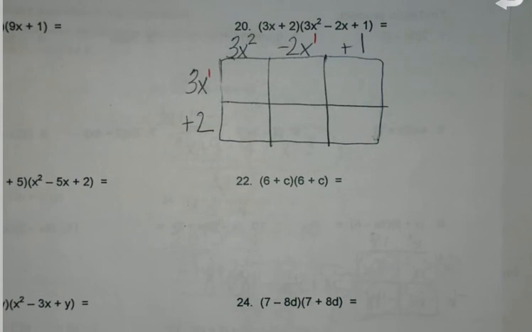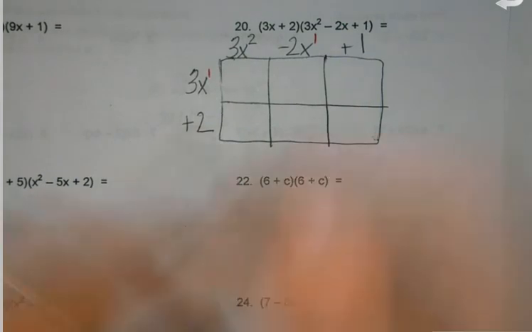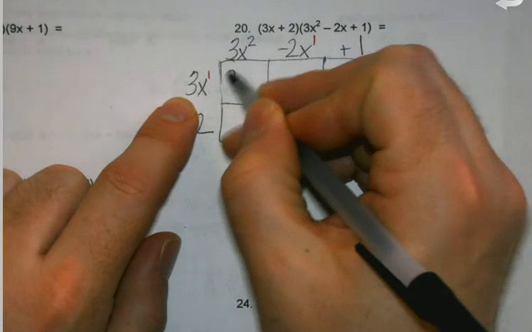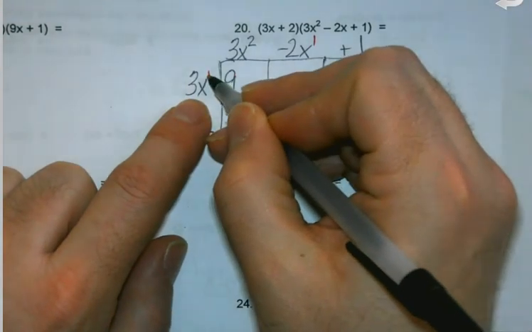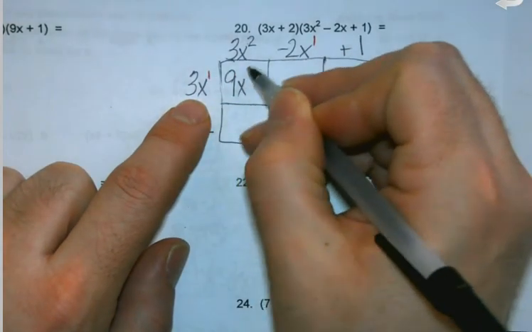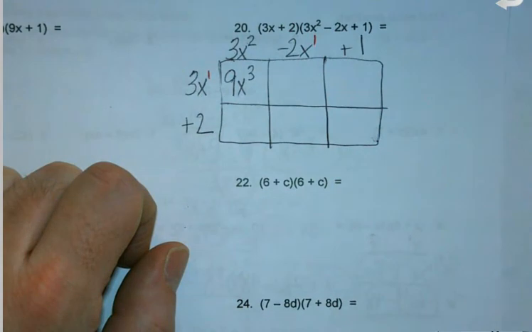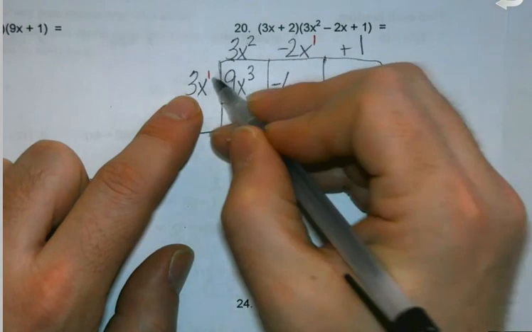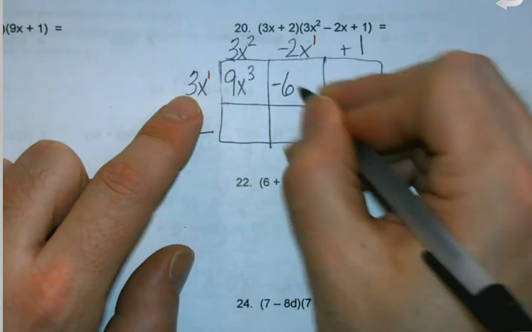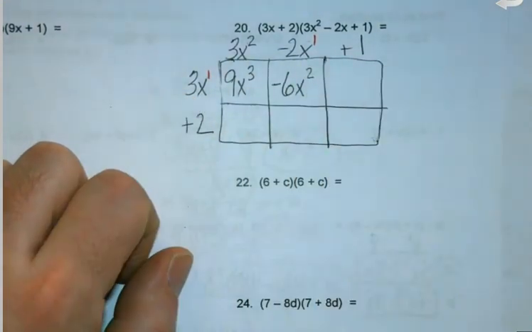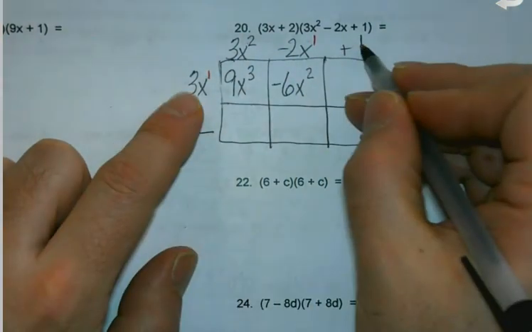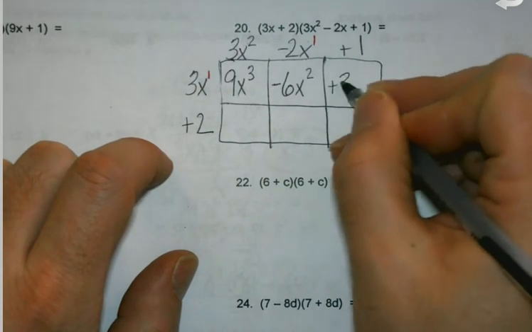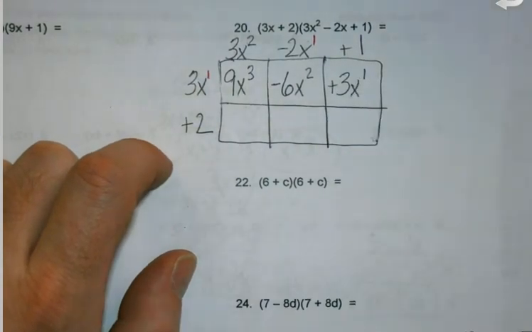And I start filling in my box just by multiplying the terms together on the outer edge. 3 times 3 is 9. 1 plus 2 is 3. 3 times negative 2 is negative 6. Add my exponents. 1 times 3 is 3. There's no other x's there, so I'll just leave that alone.